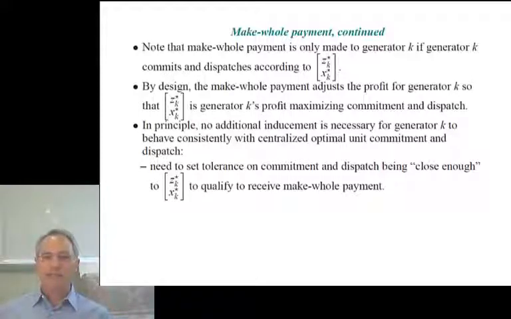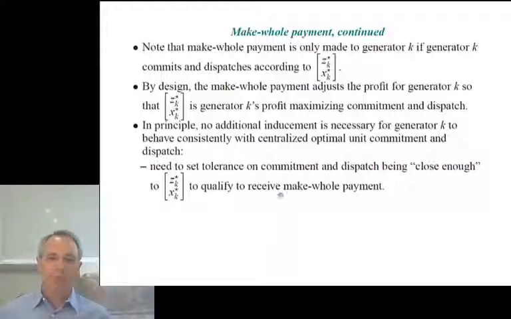Let me emphasize that the make-whole payment is only made to generator K if generator K commits and dispatches according to zk star xk star. And by design, the make-whole payment would adjust the profit for generator K so that zk star xk star is consistent with generator K maximizing its profit.